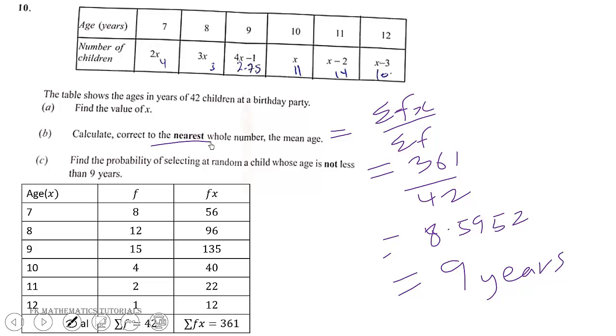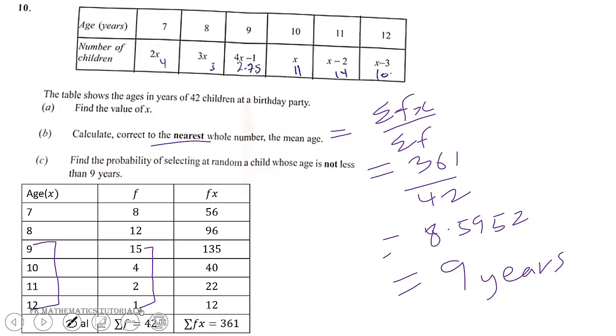We have to find the probability of selecting at random a child whose age is not less than 9 years. So age is not less than 9 years, that is 9 years and above. So that will give you all these summations: 15 plus 4 plus 2 plus 1.